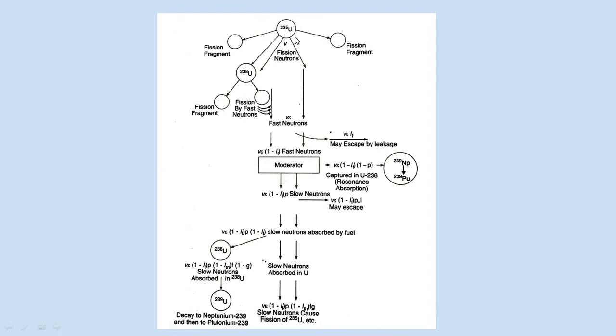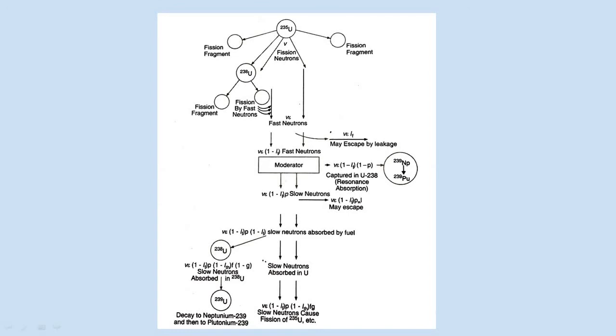You have fission neutrons, and these fission neutrons are fast neutrons, and some of these fission neutrons are causing fission to uranium-238. Only thermal neutrons can cause fission to uranium-235, but some of these fast neutrons can cause fission to uranium-238, but at a particular condition.